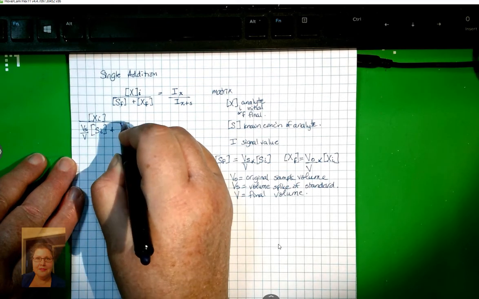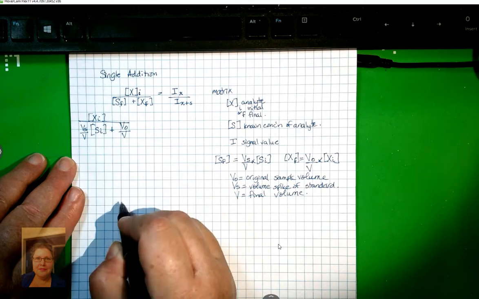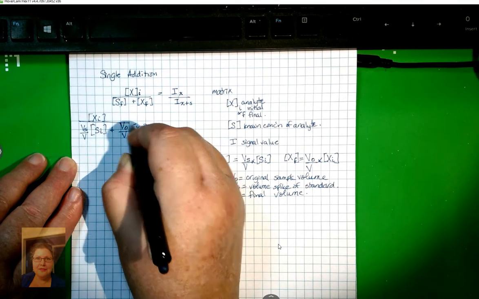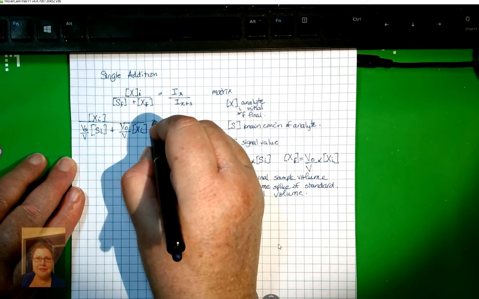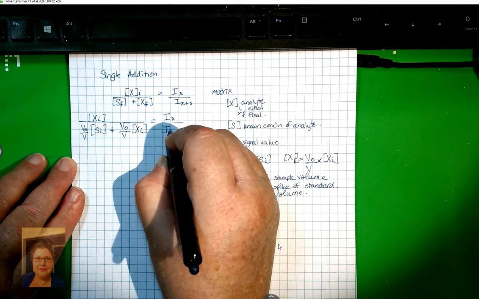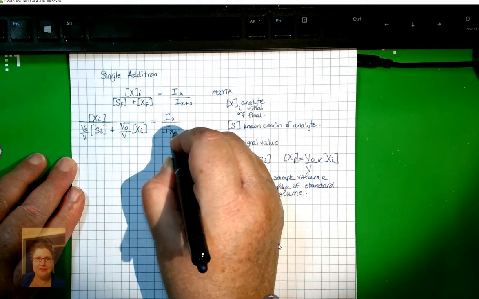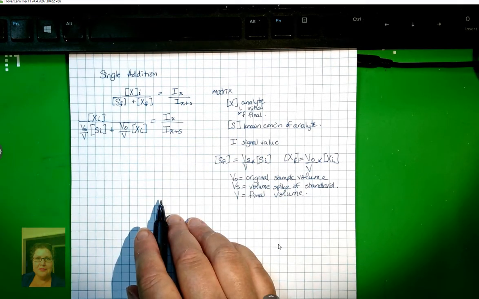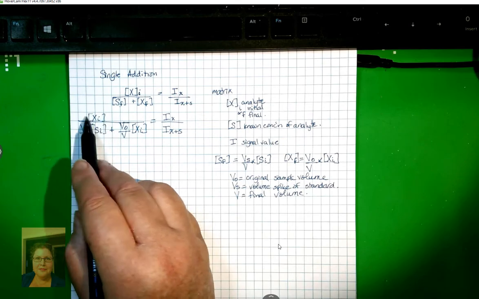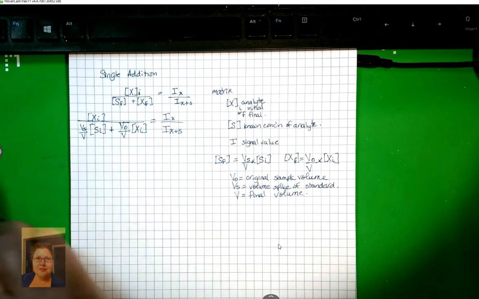I have an original volume over the total volume times my original or initial concentration, and that will have to equal the intensity of the signal of my unknown compared to the intensity of the signal with the standard on board. Now again, what we're trying to find is a concentration of our unknown, so we're going to have to do a little bit of algebra just to isolate those unknown terms.